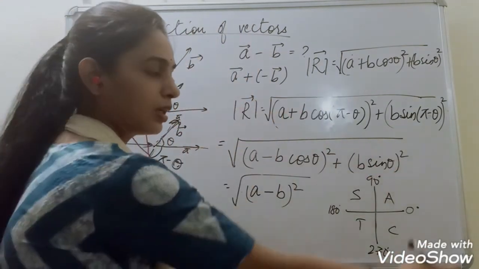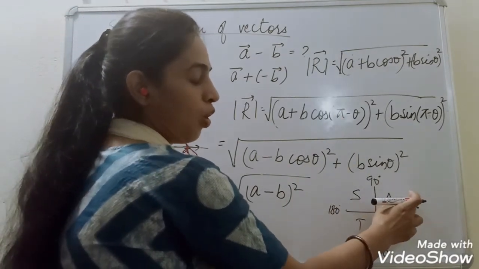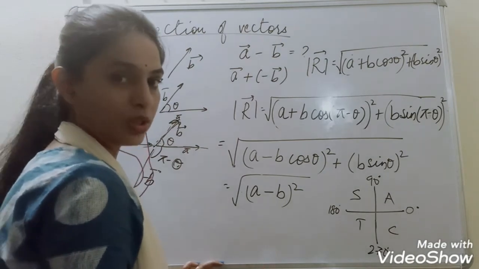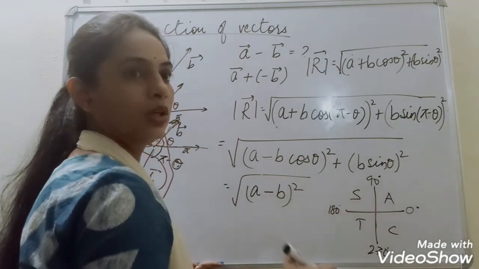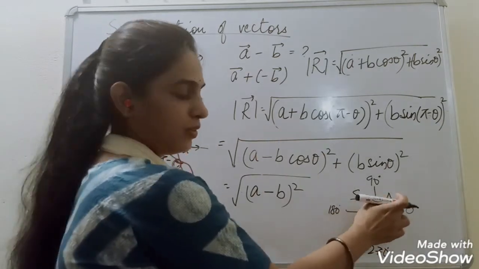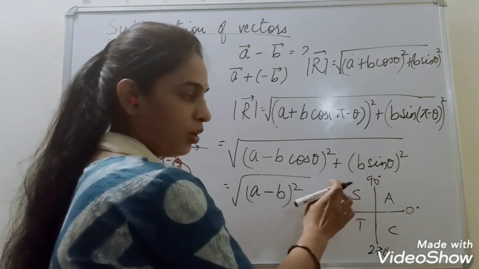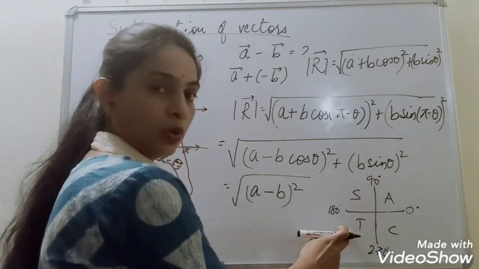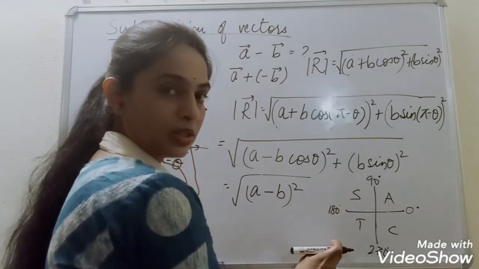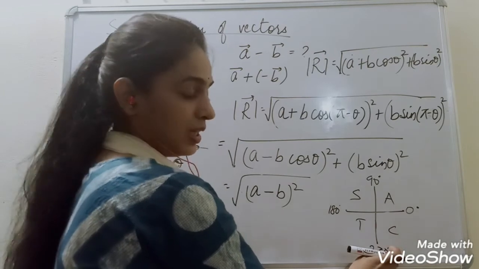When you take a full circle, this will be 360 degree. In the first quadrant, all the values are positive. All means sin, tan, cos, cosec, everything is positive in the first quadrant. In the second quadrant only sin is positive. In the third quadrant only tan is positive, and in the fourth quadrant only cosine is positive.